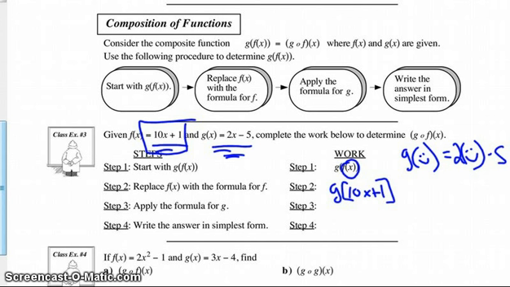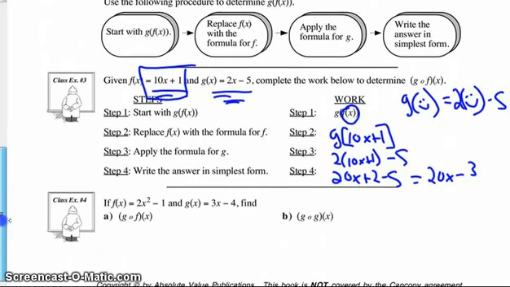So here we're being told to put in 10x plus 1 into g, and that means that the formula is going to be 2 times (10x plus 1) minus 5. And when we simplify that, clearly that's 20x plus 2 minus 5, which then results in 20x minus 3.